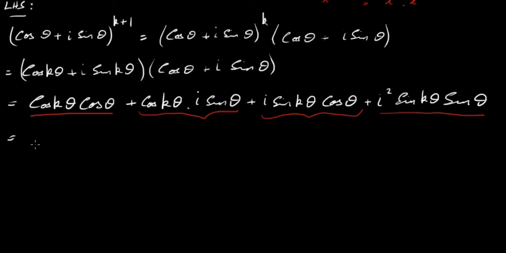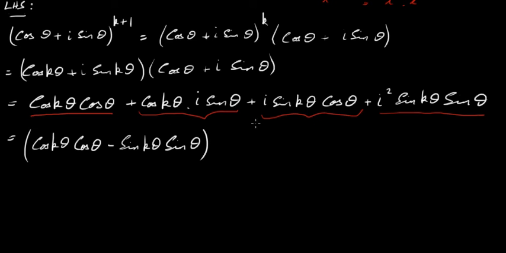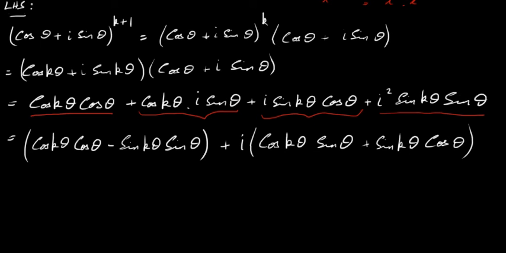So the first part, we'll put it in brackets: cos k theta cos theta, minus 1 times sin k theta sin theta, plus i times cos k theta sin theta, and here we end up with sin k theta cos theta.